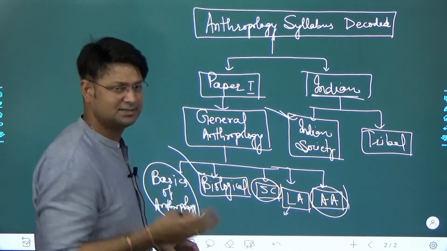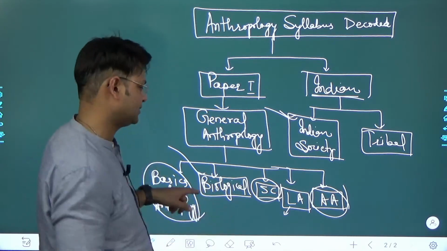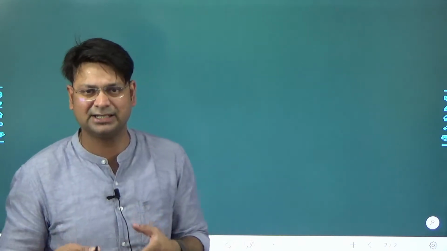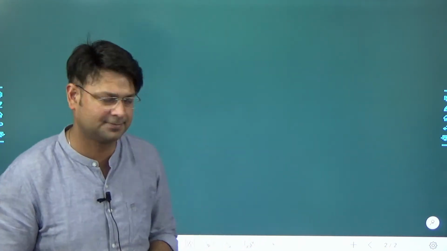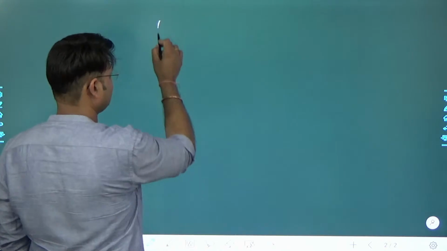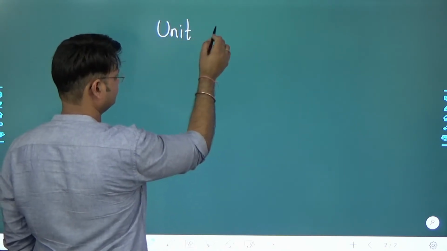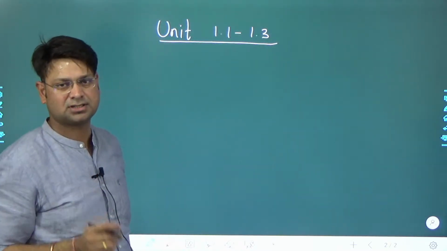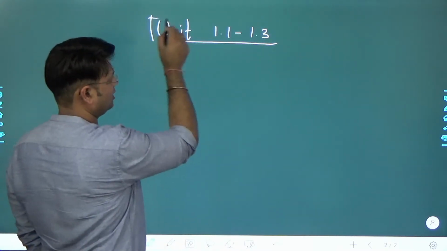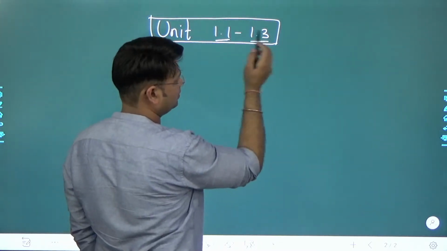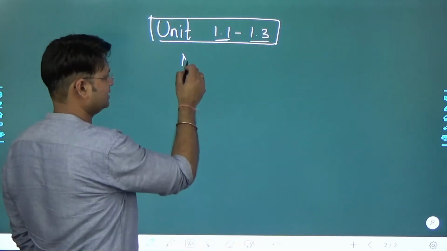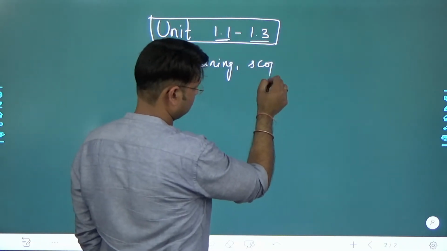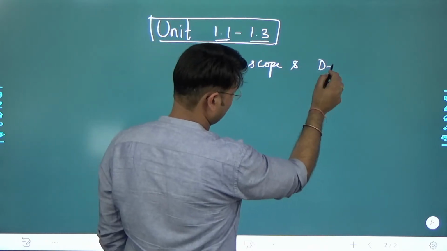But let us dig a little deeper into the syllabus so that we can understand more keenly what the syllabus actually is. If you see unit 1.1 to 1.3 in the syllabus, here we have the meaning, scope and development of anthropology.